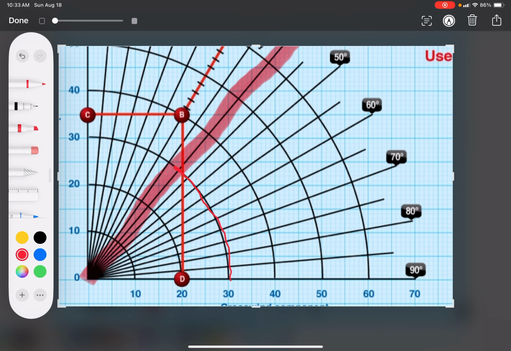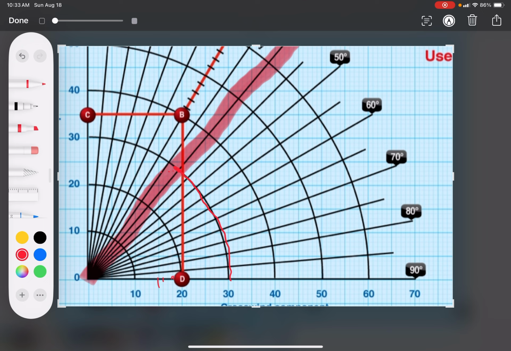Just 1, 2, 3, 4, yeah, 4 maybe. So it looks like there's 15, 16, 17, 18, 19. So a 19 knot crosswind component.